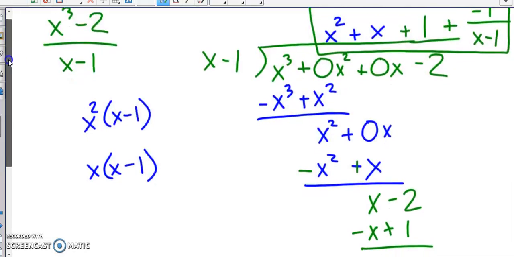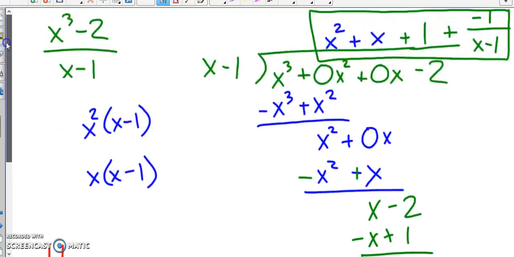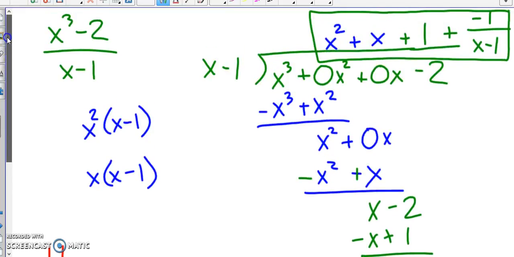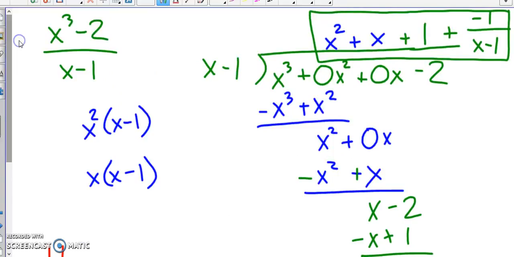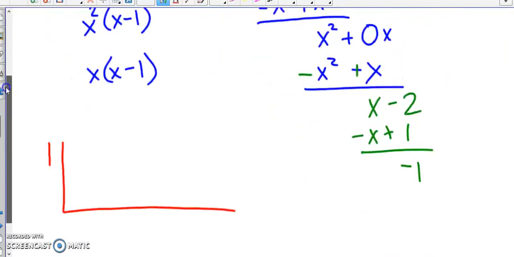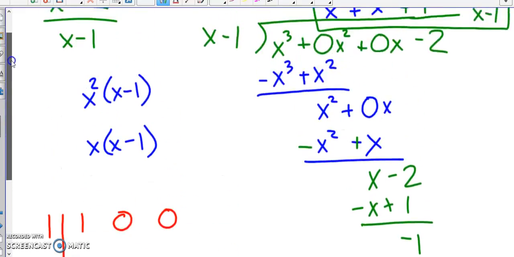So same problem. I'm going to put a positive 1 here because you changed the sign on that negative 1 from the denominator. Then I'm going to put just the coefficients of the numerator up there, the dividend, if you will. So that's 1x cubed, 0x squared, 0x, and I think it's minus 2, isn't it?